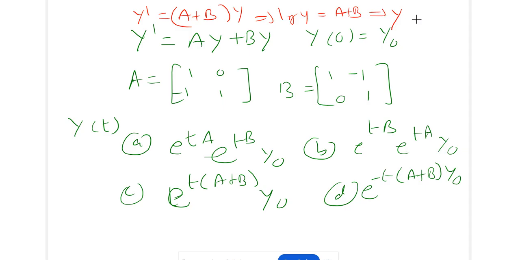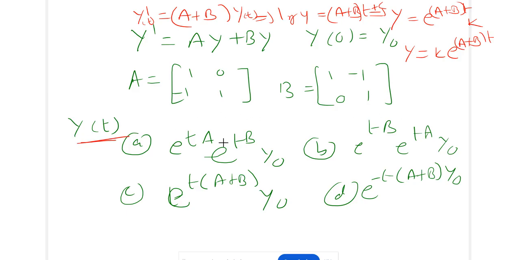Taking exponential on both sides, y equal to e power (A plus B) t times e power c, which is some k. So y equal to k times e power (A plus B) t. This is the solution y of t.